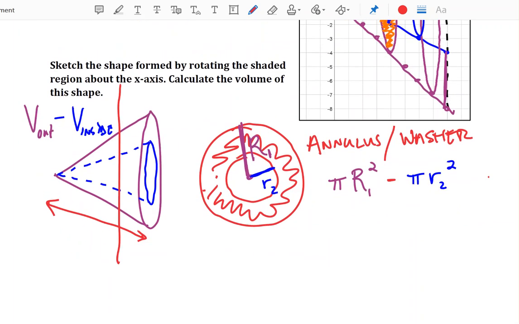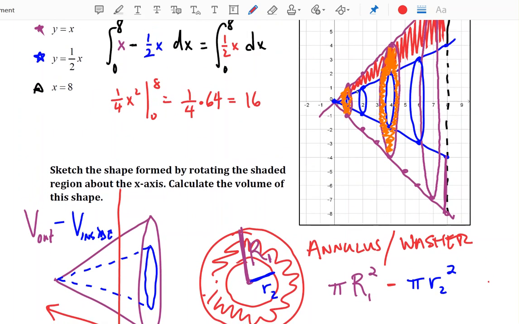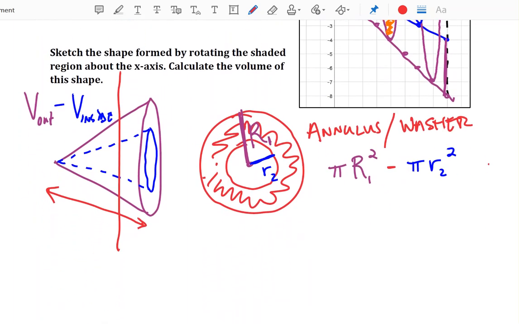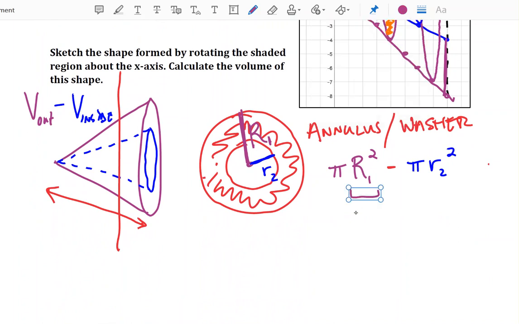Now, just like our problems from the past, those radii can be calculated from the original functions. So the radius of our larger circle is based upon the function y is equal to x. And the radius of our smaller circle is based upon the function 1/2 of x.